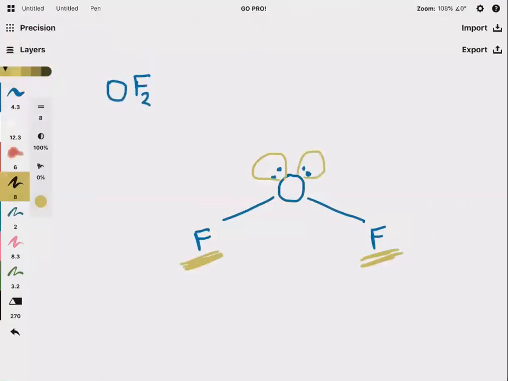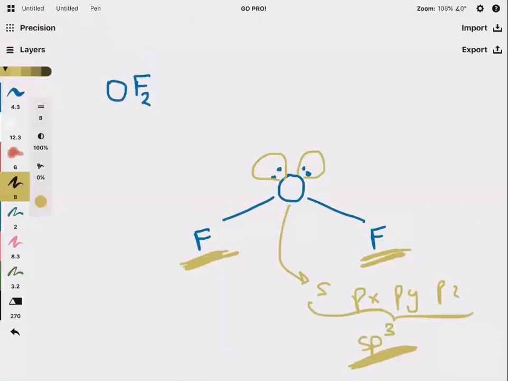So this oxygen thinks that it's attached to 4 things. So it's going to need 4 orbitals, one S, one P, another P, and another P. So it's going to be hybridized sp3. Even though it only has 2 atoms bonded to it, it's still hybridized sp3. So always take note of how many lone pairs you have.